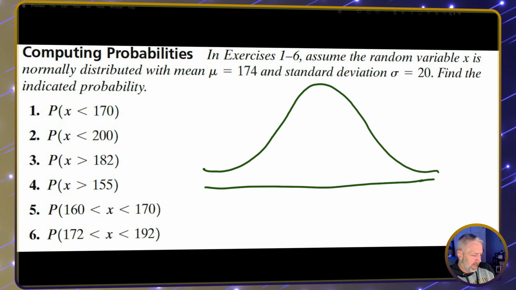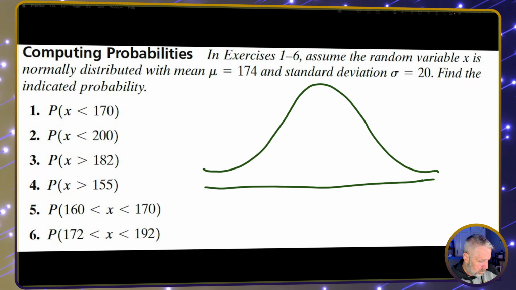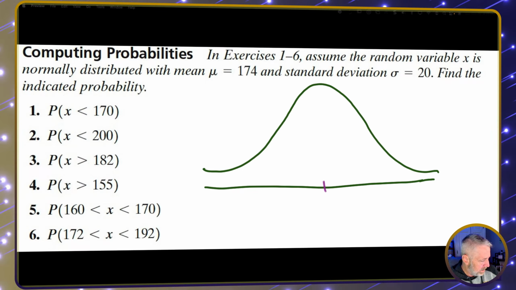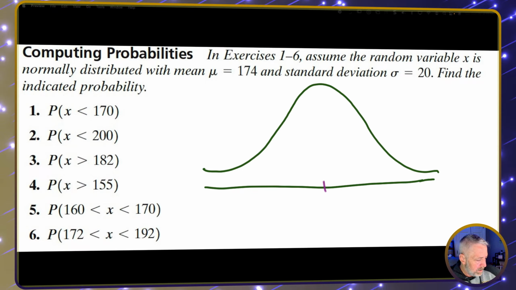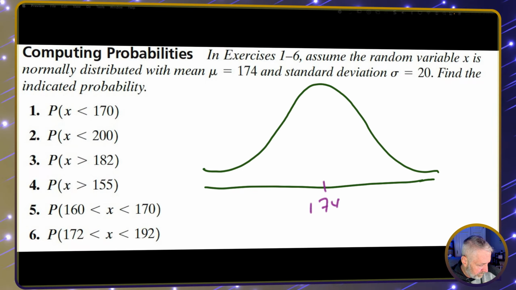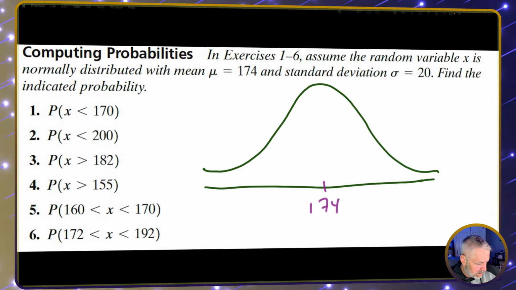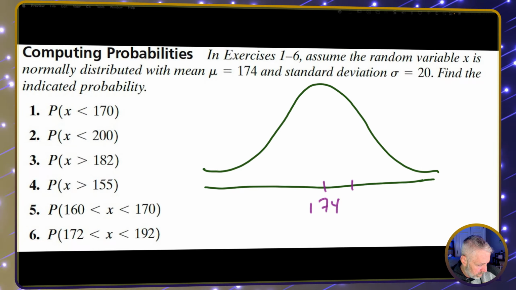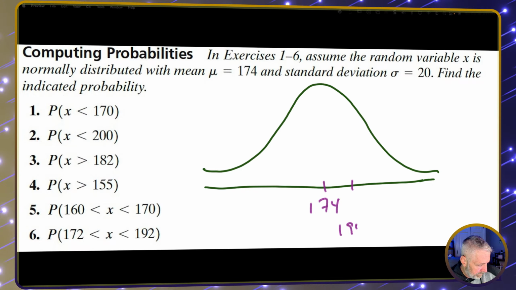So we are looking at a normally distributed set of data with a mean of 174 and a standard deviation of 20. So if I go one there, then I'm looking at 194.